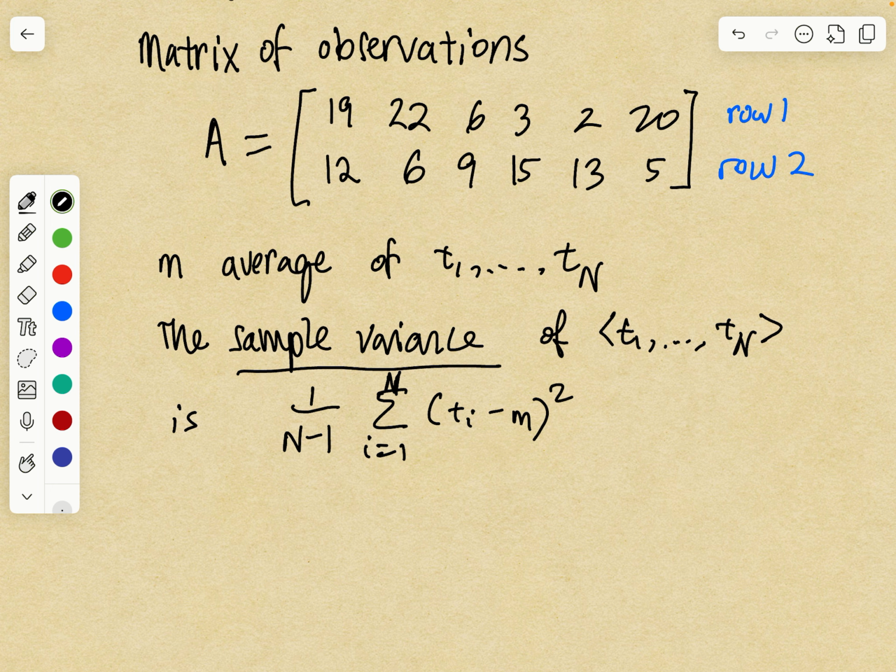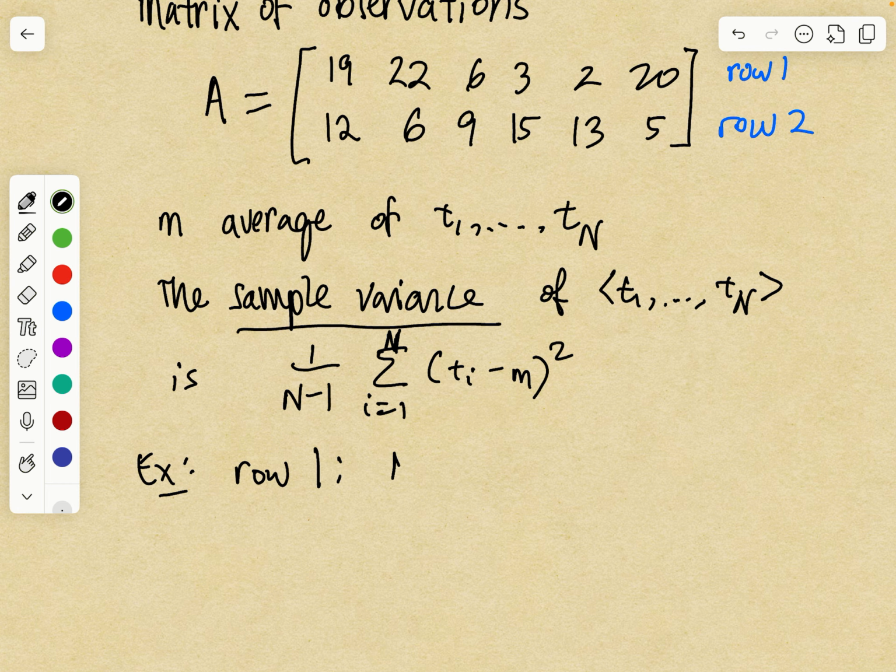So in this case, if you look at row 1, n is 6, so n minus 1 is 5. And my ti are these numbers here.